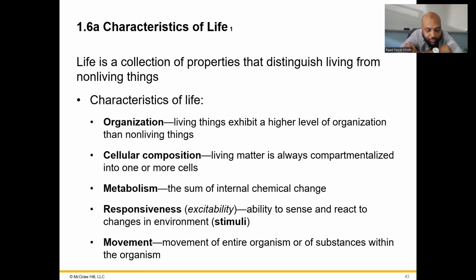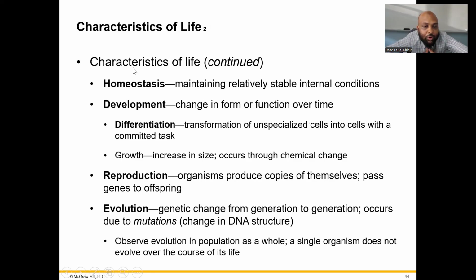Then there's movement. Movement is the movement of the entire organism or of substances within the organism. There's more. Homeostasis: the living are able to maintain relatively stable internal conditions. No matter what deviations there are, we're able to restore homeostasis. Then there is development, the change in form or function over time.